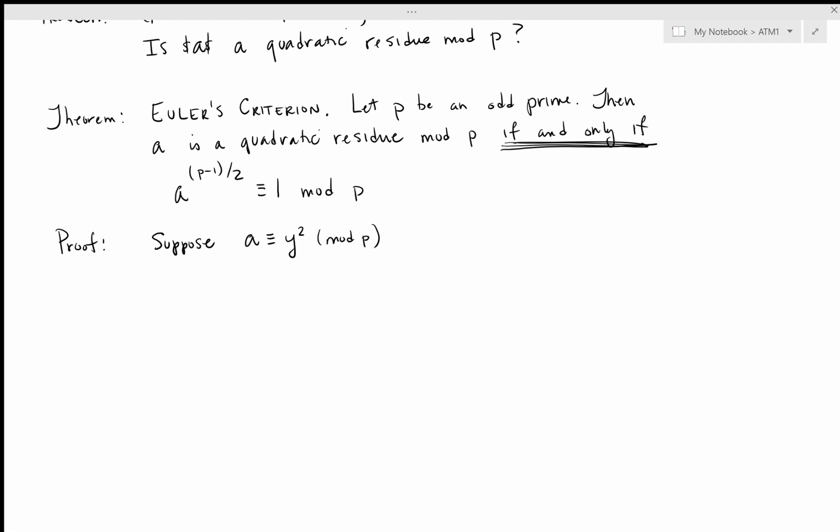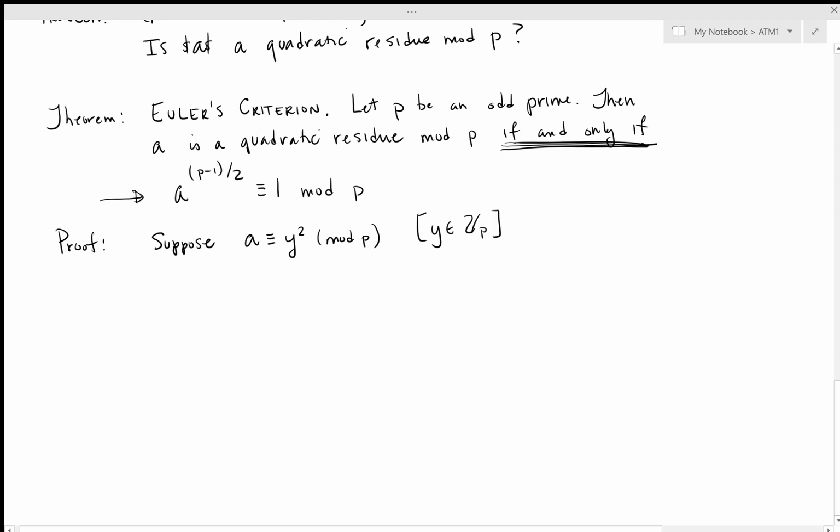Now I'm going to show that this condition holds based on the supposition that A is a quadratic residue. So here y is in Z_P, and it's not 0.